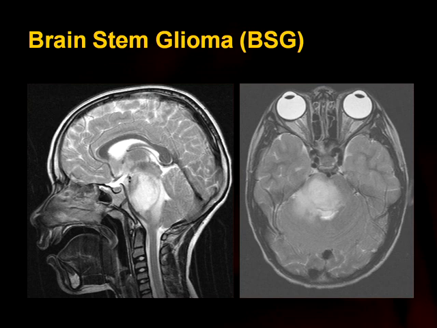This is the absolute worst thing that I take care of. It's the absolute worst thing to tell a family their child has. And so, what you're seeing on this MRI is kind of typical for what we call a brainstem glioma. Sometimes it's also called a diffuse infiltrating pontine glioma, because basically the tumor just infiltrates and takes over the pons.